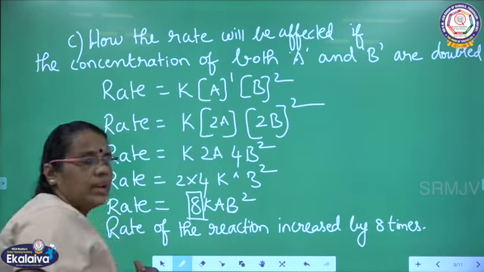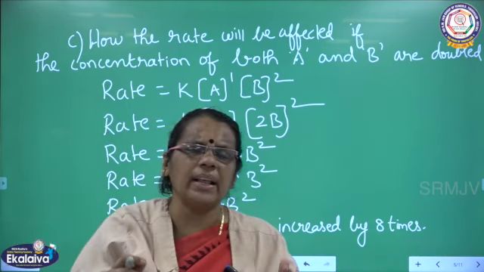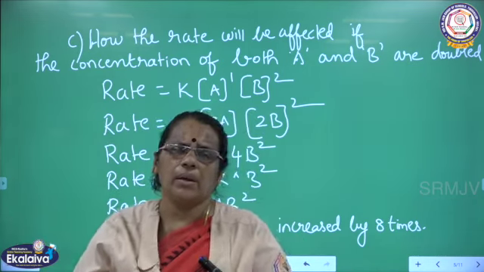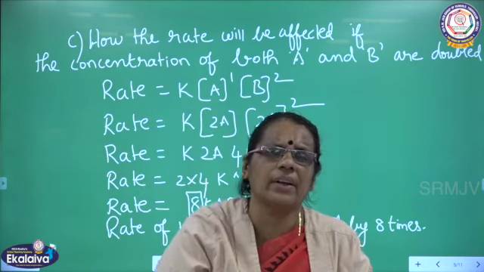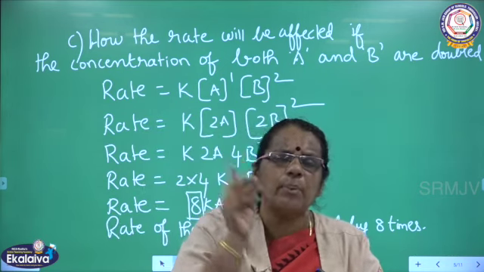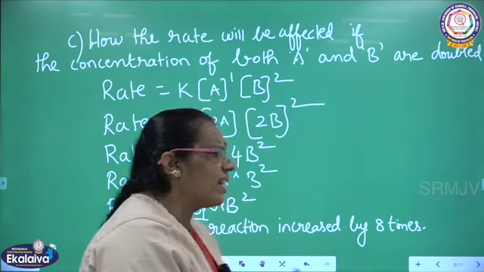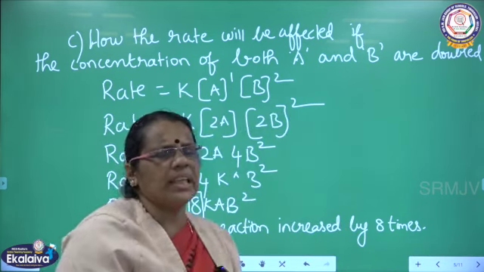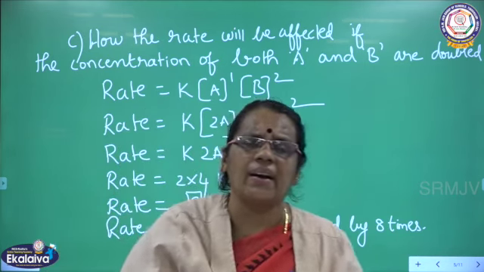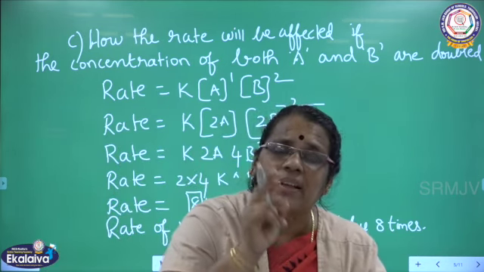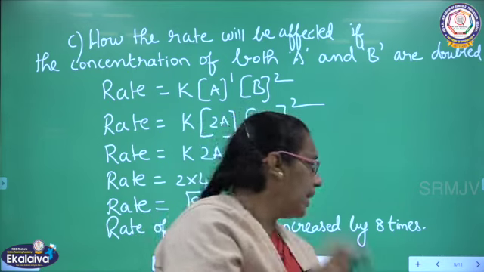So what have we seen here? In the third question, I have increased the concentration of both A and B. I have doubled the concentration of A and B. So when I double the concentration of A and B, the rate of the reaction is affected. How is it affected? When I doubled the concentration of A and B, I got the rate of the reaction 8 times. The rate of the reaction increased by 8 times.